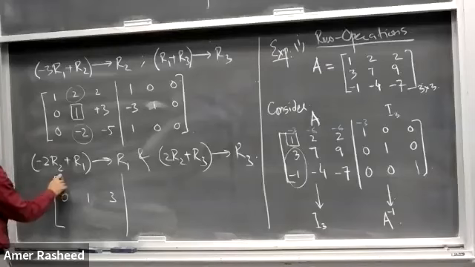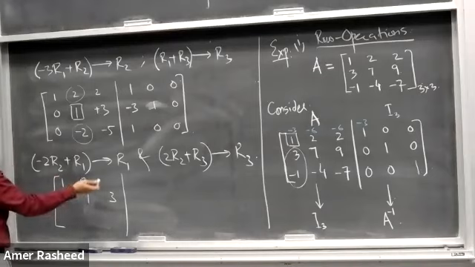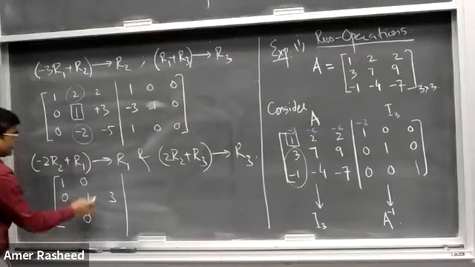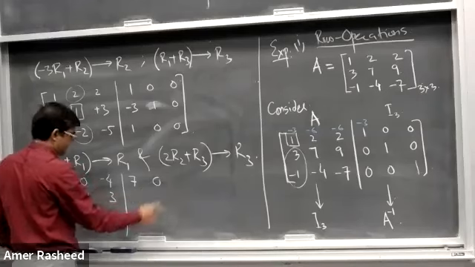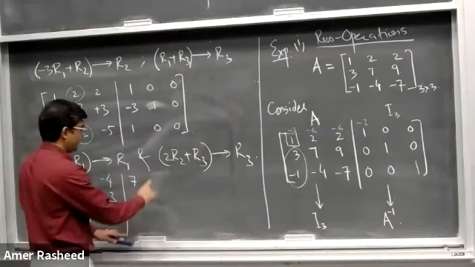Complete matrix. So 1, 0, 0 at the top. Then 3 into 4, -4, 3 into 7, 7, and then -2, and then 0.